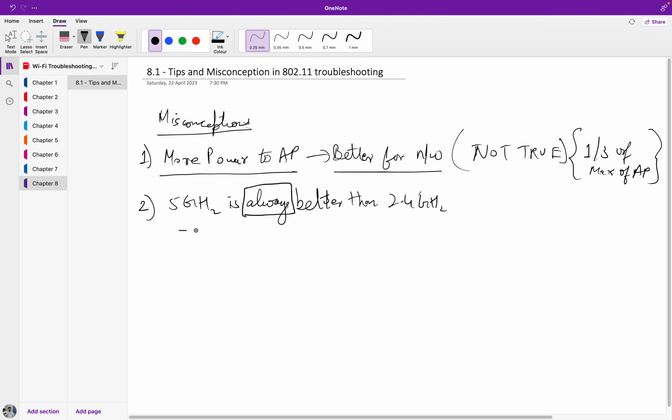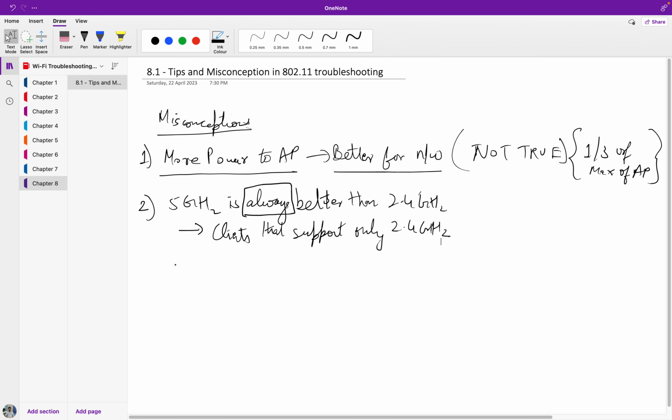One is, if I have clients that support only 2.4 gigahertz, 5 gigahertz is not going to be good for them. Okay, so make sure you have an SSID that supports both 2.4 and 5 for them to work.